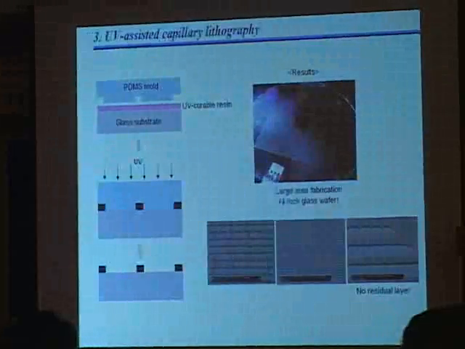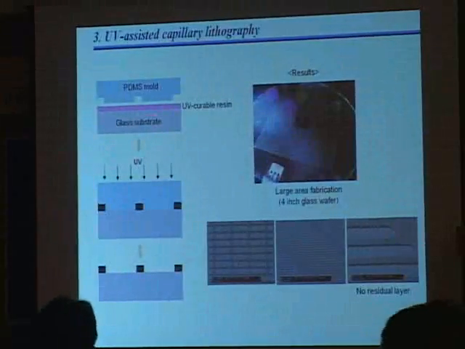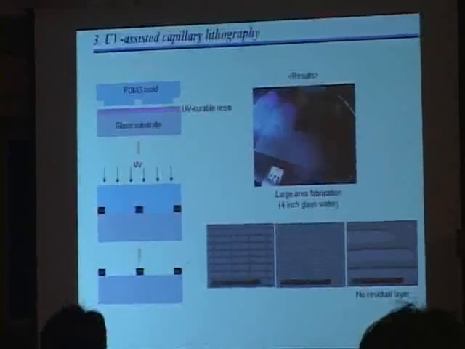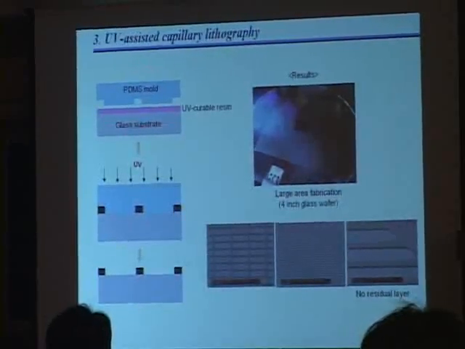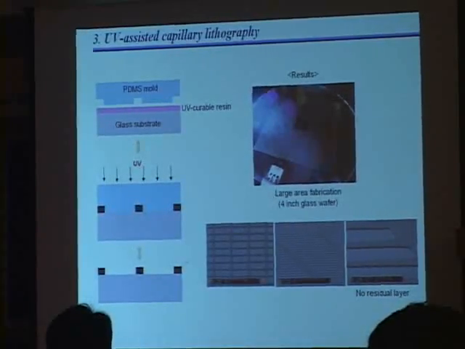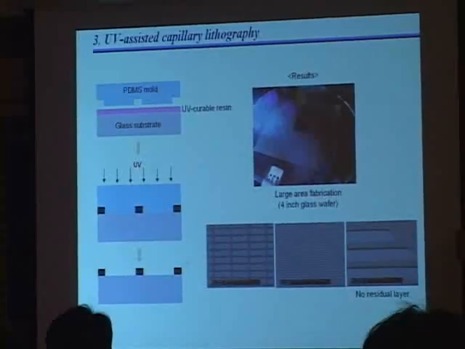So finally, we used UV-assisted capillary lithography. In this technique, we spin coat the UV curable resin. This is a low viscosity polymer; the viscosity is about 10 times that of water.